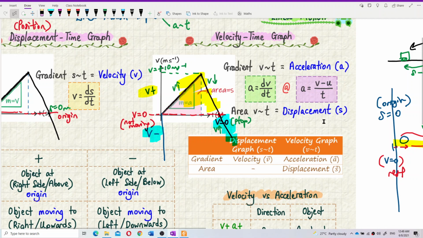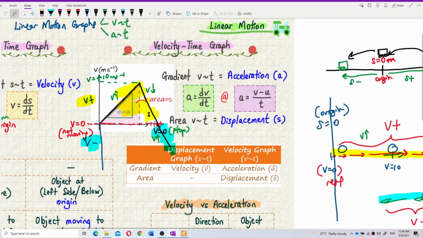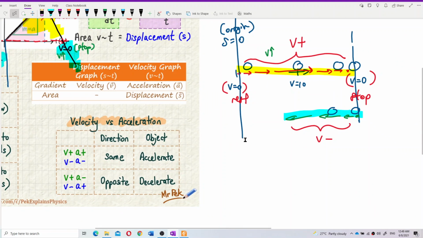Displacement means how far it moves. If the area is above the time axis, it means how far the object moves to the right. But area below the time axis means how far the object moves to the left. That's what it means.